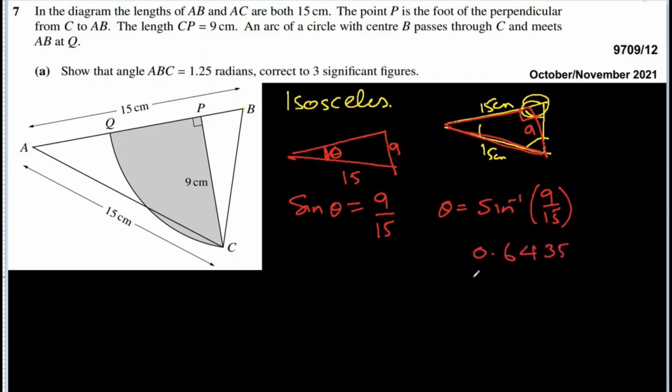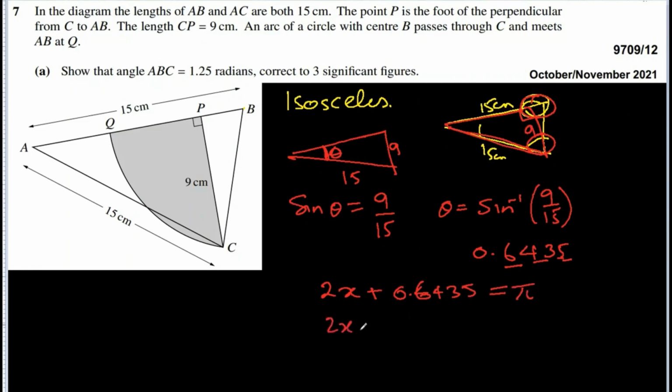0.6435. I'm writing 4 digits to be as accurate as possible. So if this angle is 0.6435, now we can find the corner angles of the isosceles triangle because they are equal. Let's call those two angles x. So those two angles make up 2x. Now we got 0.6435, and their sum is equal to pi, which is 180 degree in degrees but pi in radians.